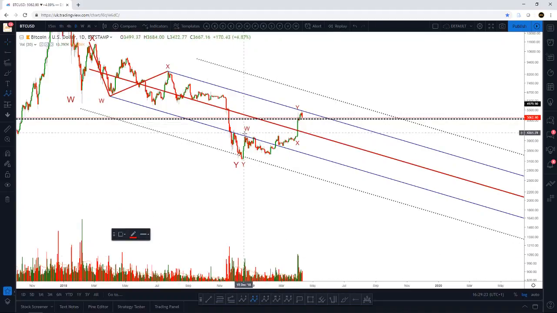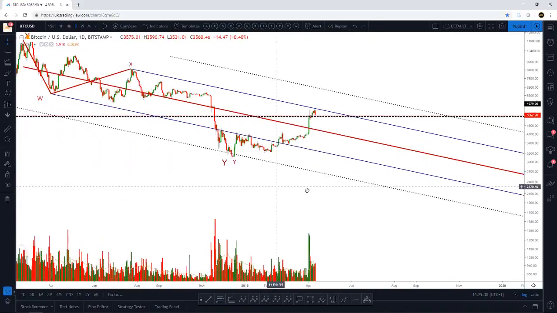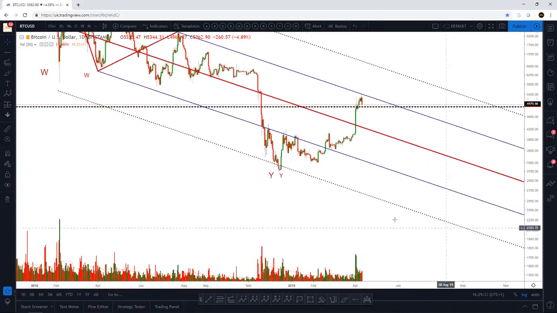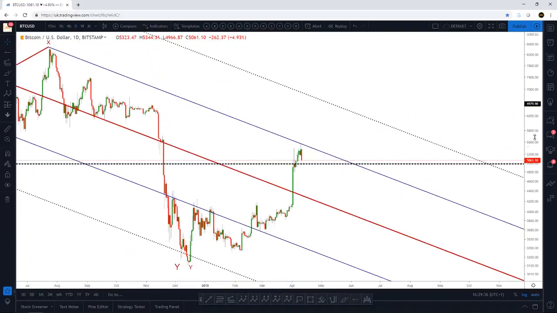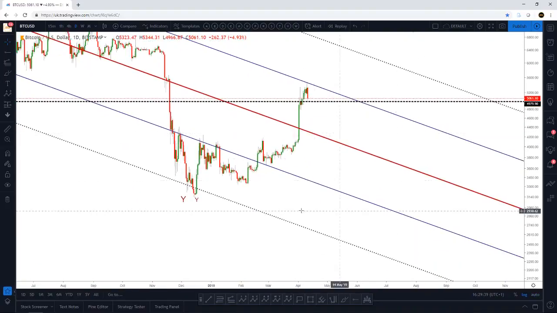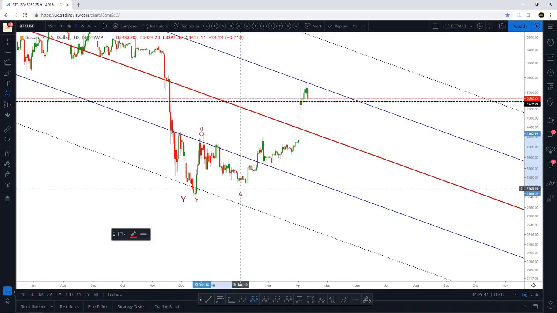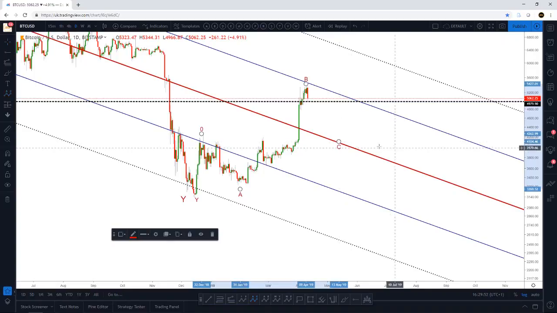put some labels. So in fact, let's delete this WXY just to make it clear the bullish scenario. Let's expand it a little bit. Let's take the volume off. Okay. So if it were to be bullish, and this is certainly something I will be looking out for, I'd call this A, B, and then C could come down to the median line and then go back up.